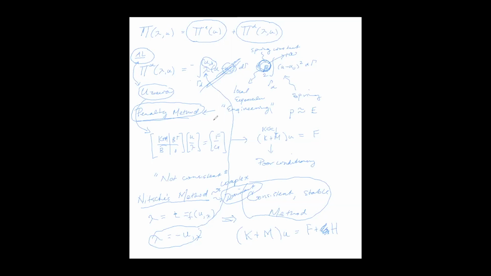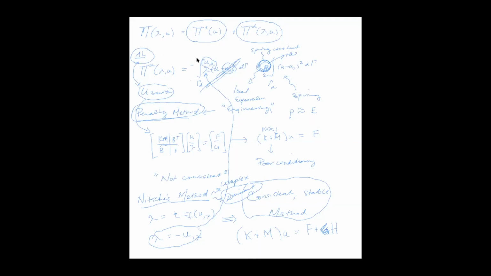Okay, so in the notes, if you go back and look, I've added this augmentation now to the notes and derived everything in terms of this augmentation. And I also show you the penalty and Nitsche simplifications so that they're there and you can look at them. So any questions or comments?